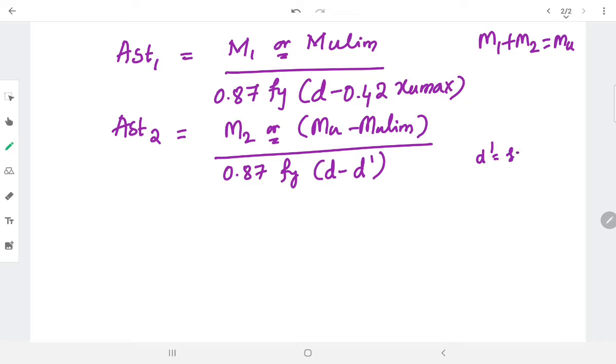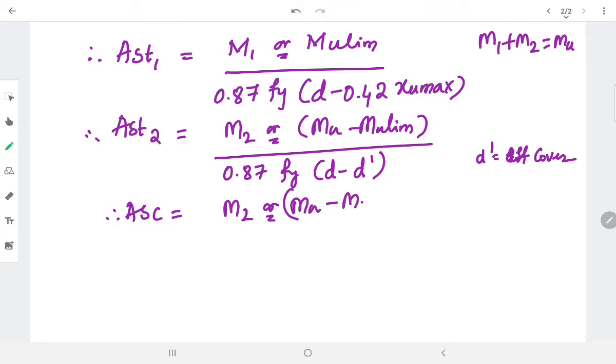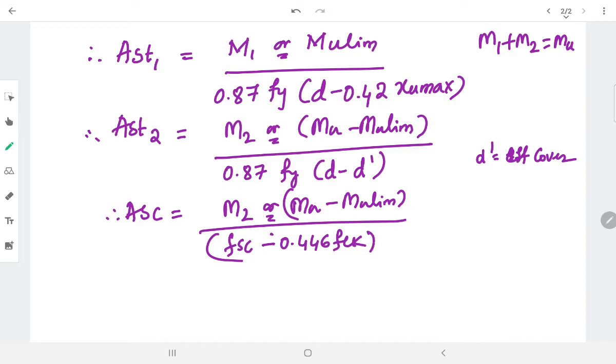Next, the equation for Asc is equal to M2, or Mu minus Mu limit, divided by fsc minus 0.446 fck into bracket d minus d dash.